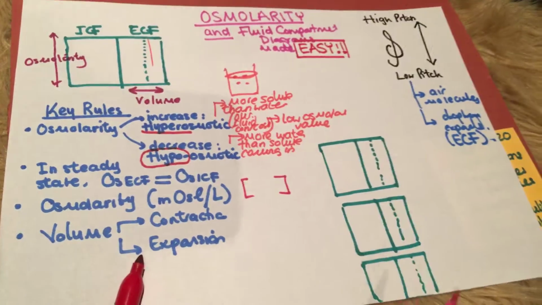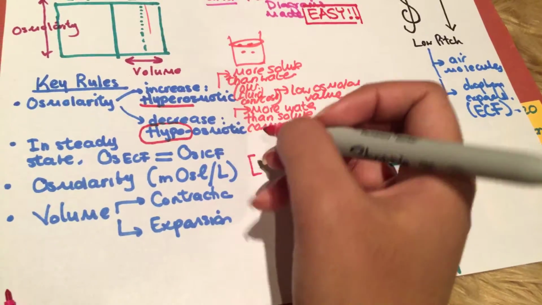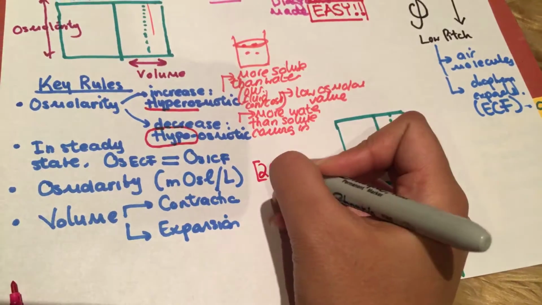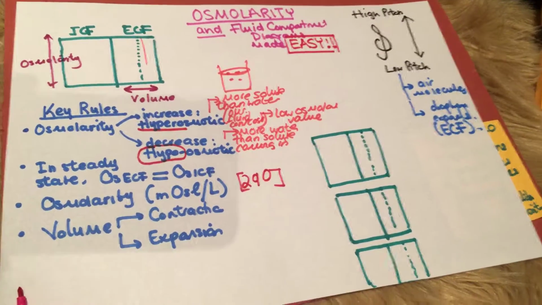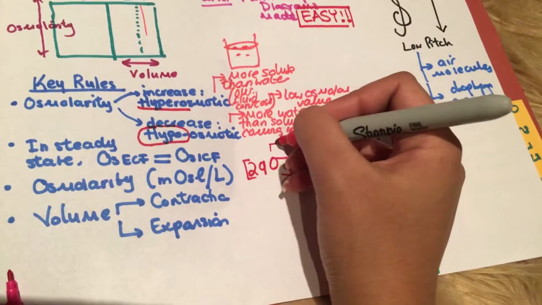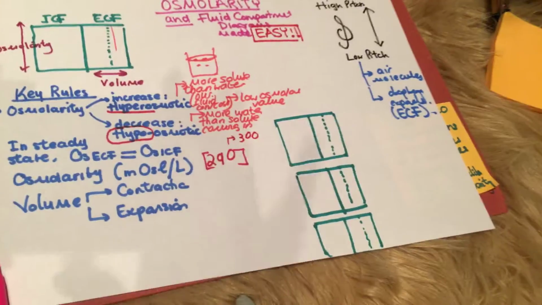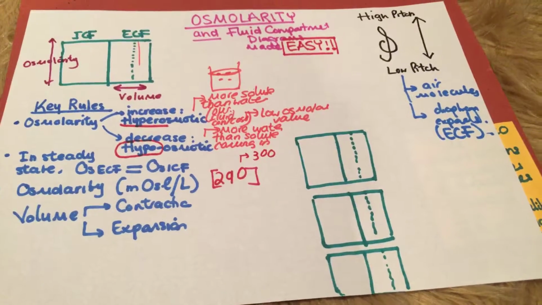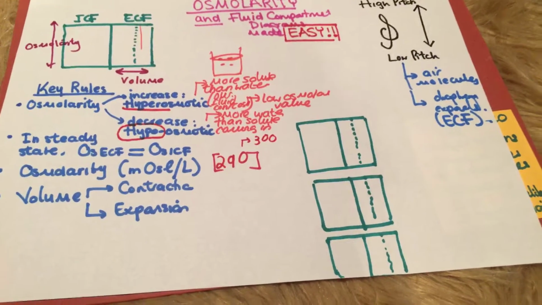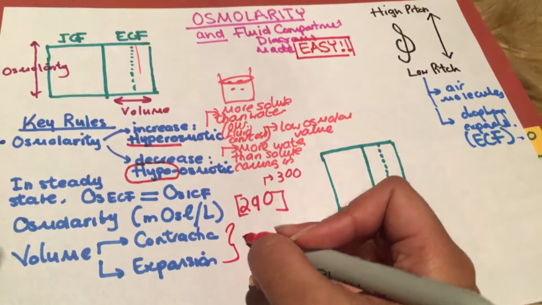Now, osmolarity is usually 290 milliosmolarity per litre, 290, but for diagrammatic sake and conceptual sake, we can just kind of round this to 300 for us. Now, in terms of volume, when we're talking about volume expansion and contraction, which is going to occur as a result of different fluid intake, then we are actually here referring to the extracellular fluid in particular.